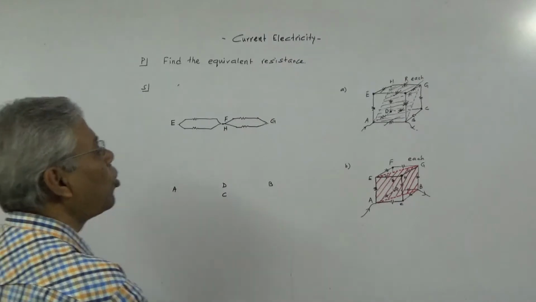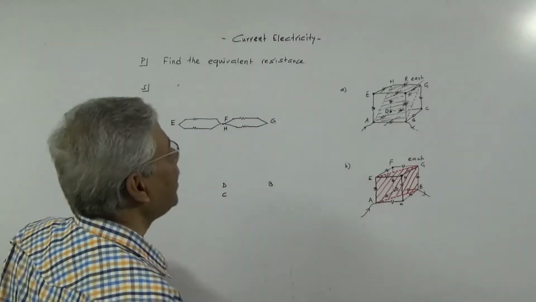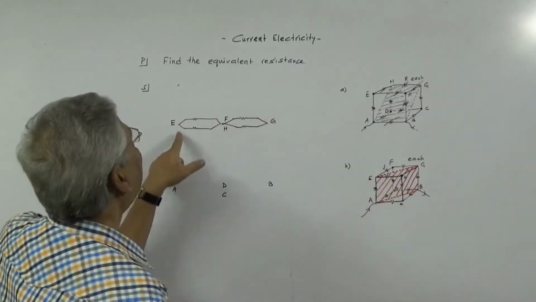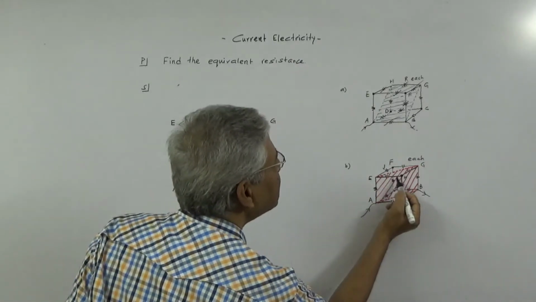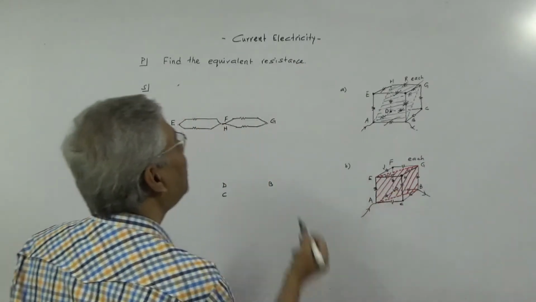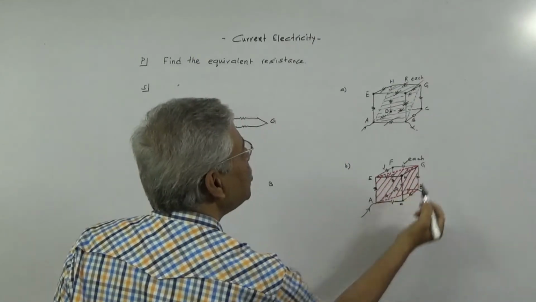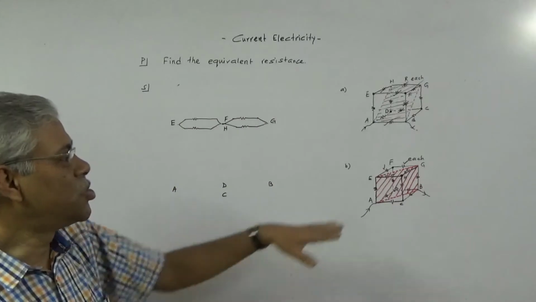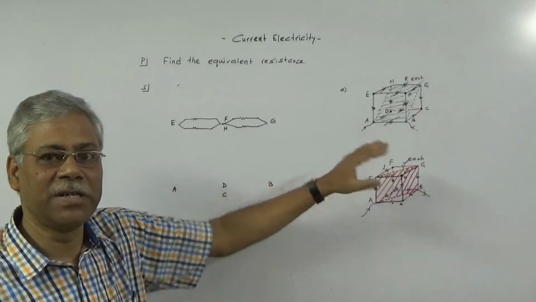So I have drawn between E and F, that means this has been drawn, E and H, this also has been drawn, F and G, this has been drawn, H and G, this has been drawn. That means drawing of the upper surface is finished.